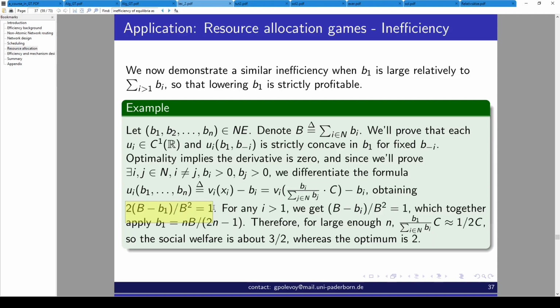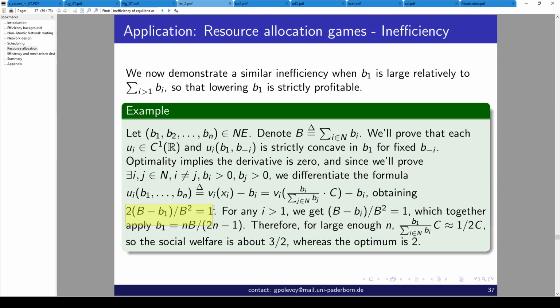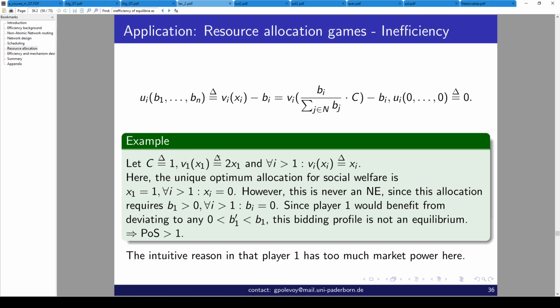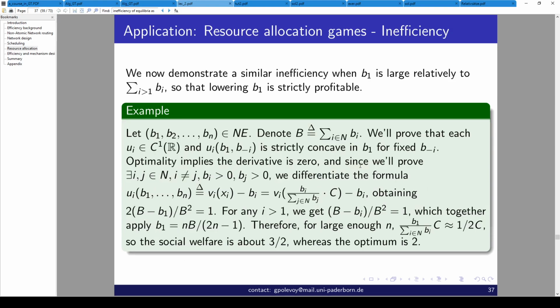Similarly, for any player with index greater than 1, so for every player other than player 1, I remind you that player 1 had this utility 2x1, and the others have another utility, just xi. For any other player, we get another condition. It's exactly like without the 2.